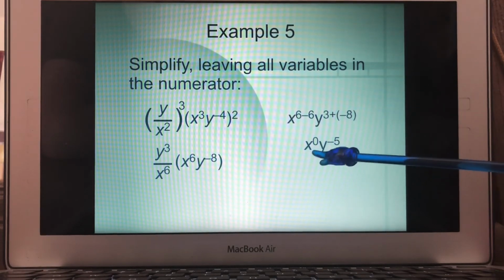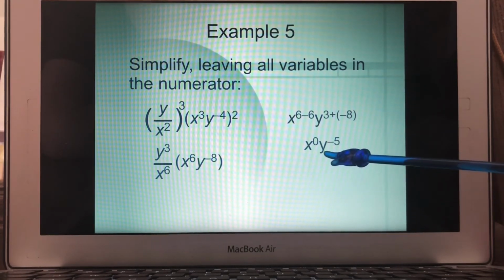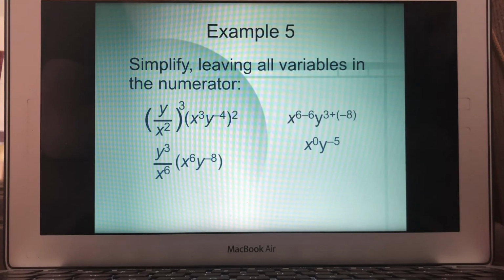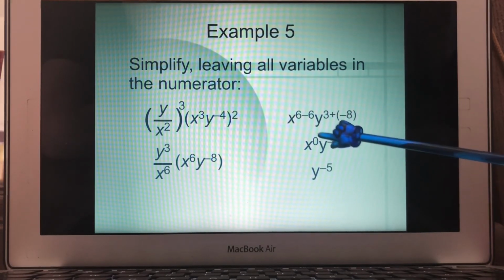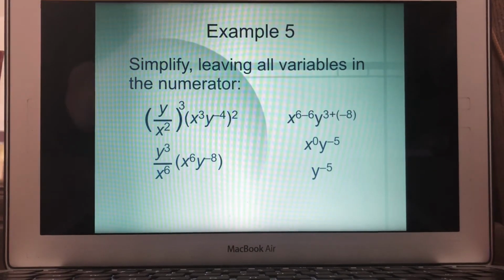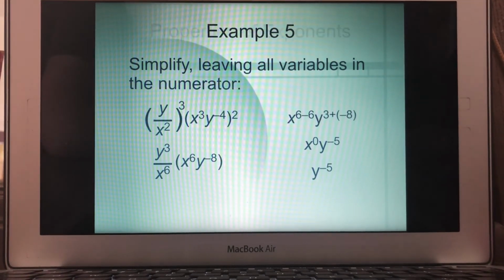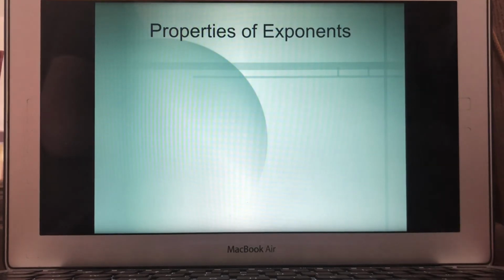So I end up with x to the 0 power, y to the negative 5th power. And this becomes y to the negative 5th power, because this basically becomes 1, right? And with that, y to the negative 5th power, you could leave that, but if the instructions say to leave it as a positive exponent, it is actually going to be 1 over y to the 5th power.